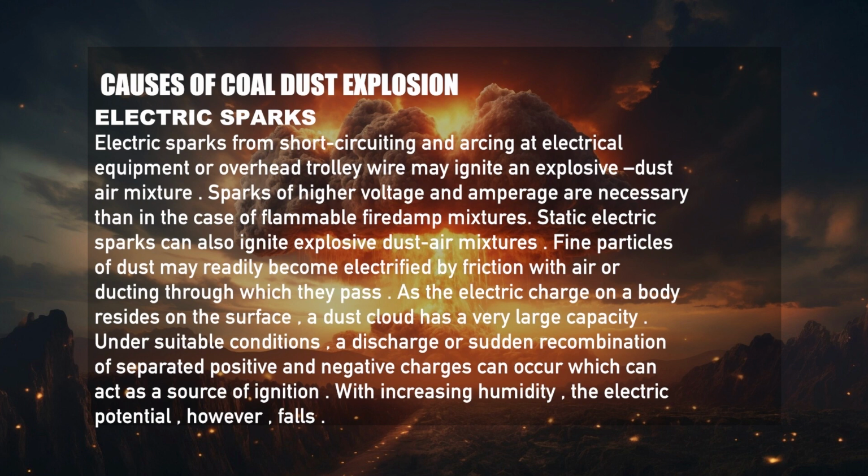Under suitable conditions, a sudden discharge, a recombination of separated positive and negative charges, can occur, which can act as a source of ignition. With increasing humidity, the electric potential falls; however, a spark can still occur and lead to ignition of the dust air mixture.